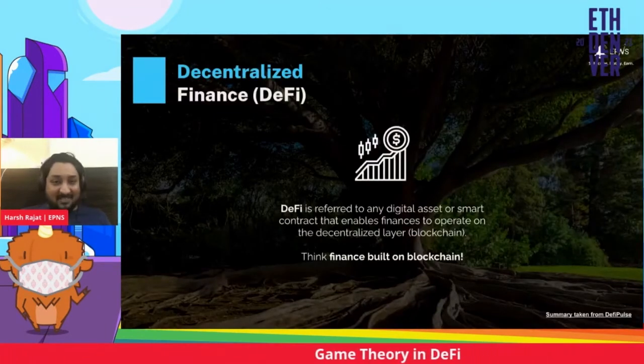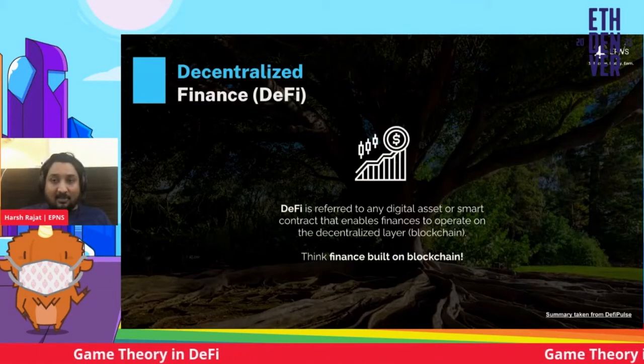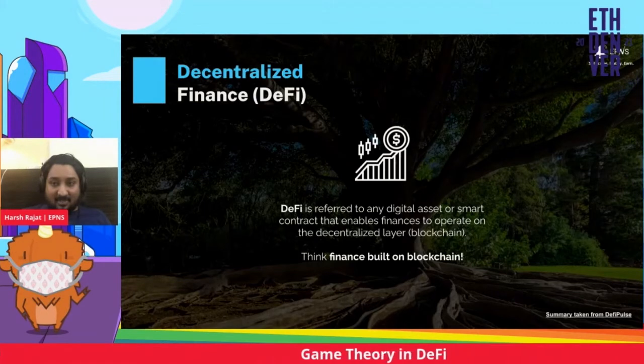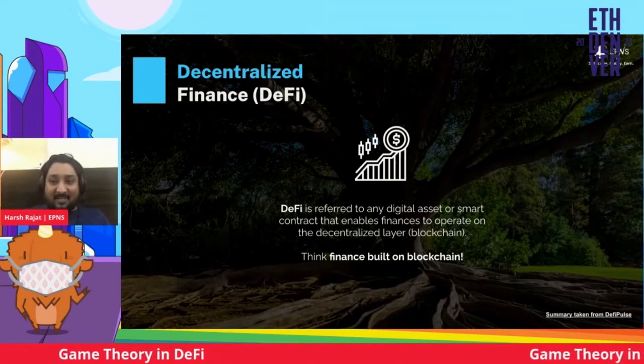Awesome. So let's talk about decentralized finance, DeFi, and what it does. It feels odd that Mariano is here and I'm talking about DeFi, but yeah, I'll give it a try.